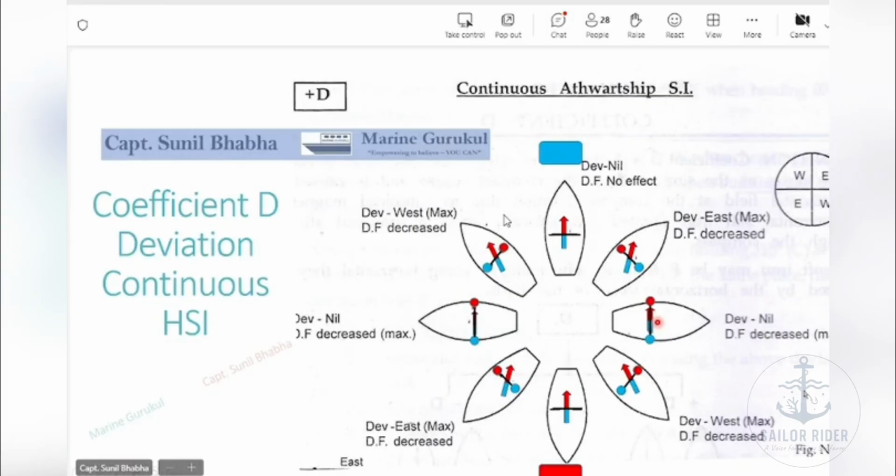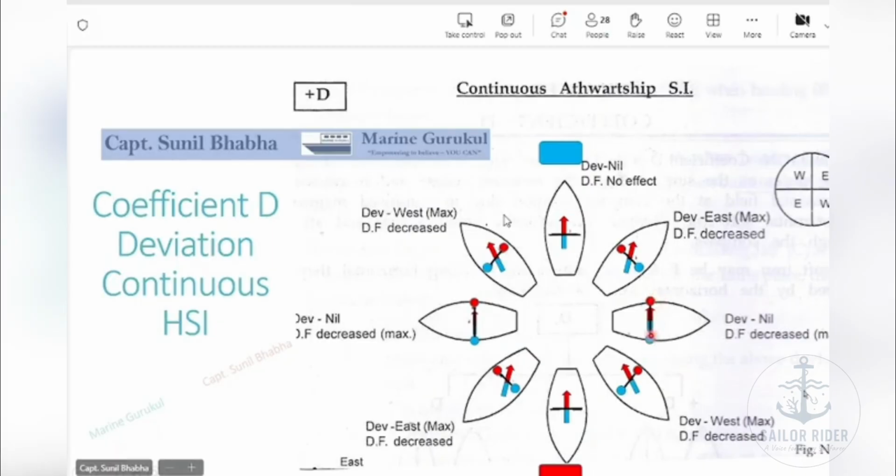Since it is perfectly aligned, it will have the maximum induction caused because of the earth's magnetic field. The magnetic field lines will be entering from the south end or the starboard end of the beam, and they will be coming out from the north end or the port end of the Athwartship beam.